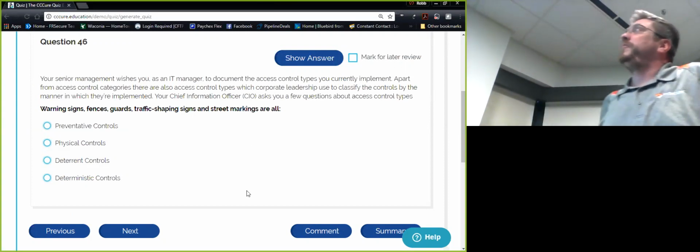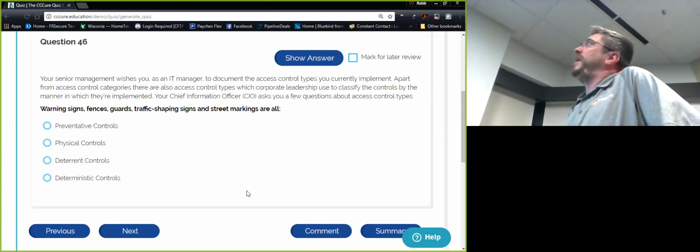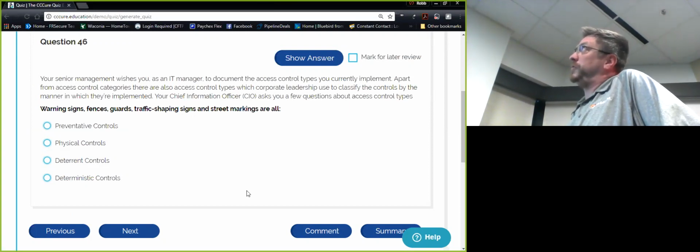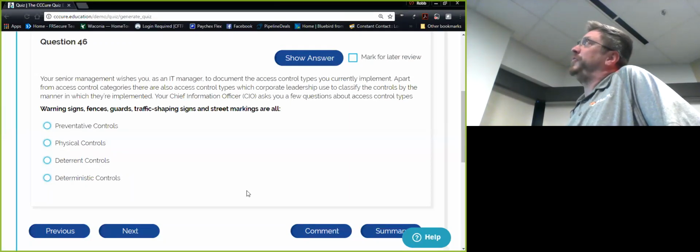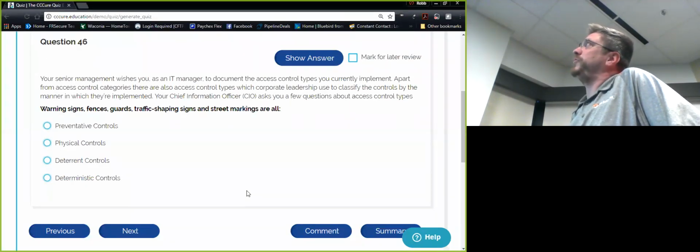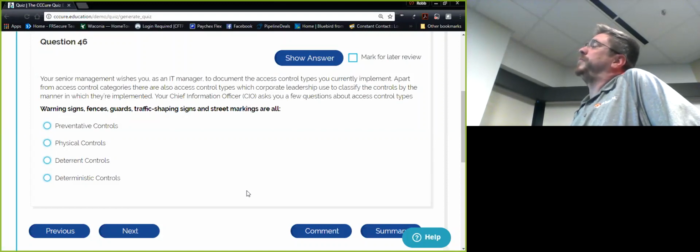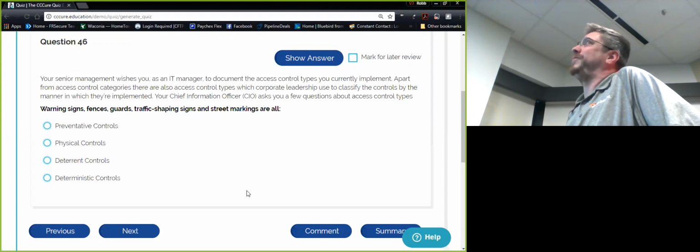Question 46. Your senior management wishes you, as an IT manager, to document the access control types you currently implement. Apart from access control categories, there are also access control types, which corporate leadership uses to classify the controls by the manner in which they're implemented. Your CIO asks you questions about these control types. Warning fences, safeguard, traffic shaping cones, signs, and street markings are all those.